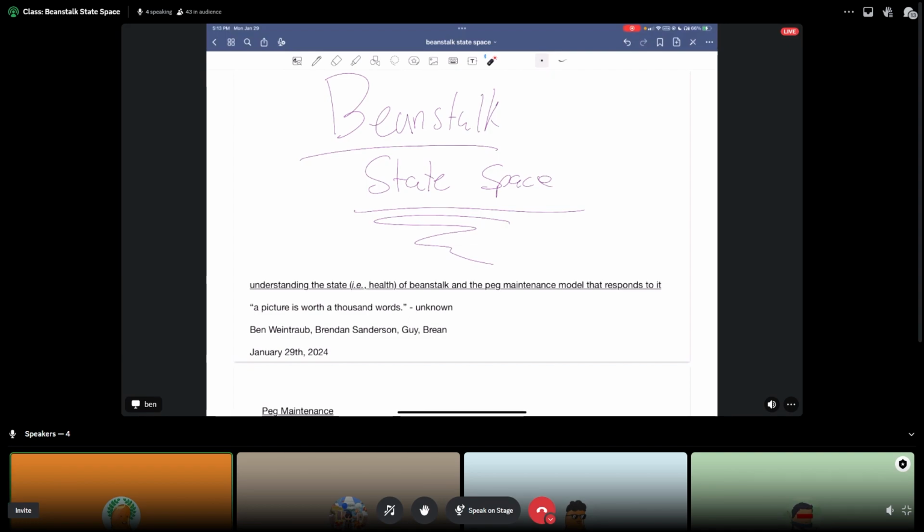And so by better understanding the nature of and the features of this space, in other words, the world in which Beanstalk operates, we can better understand what Beanstalk should be doing, and how Beanstalk should be doing it, given its position within space.